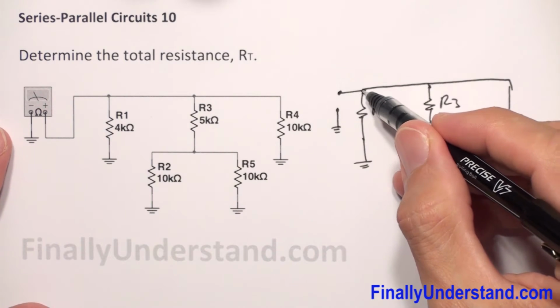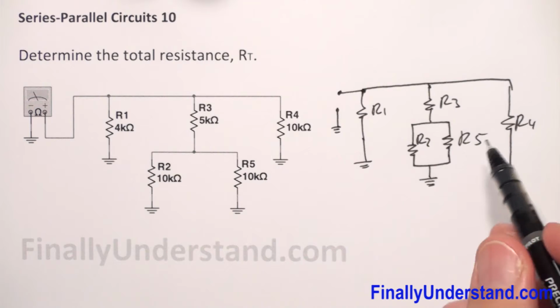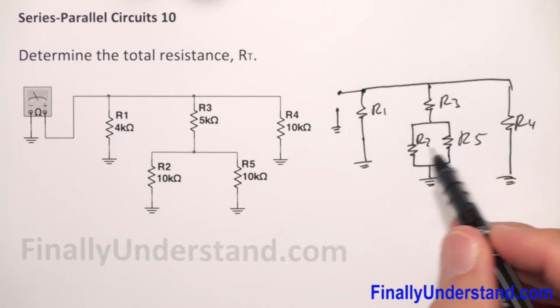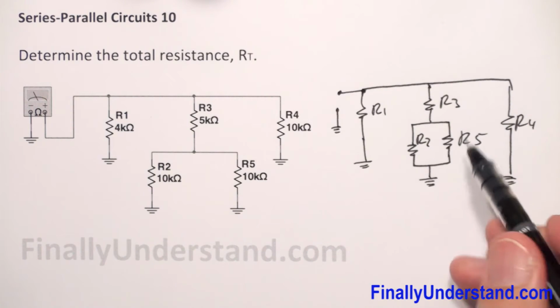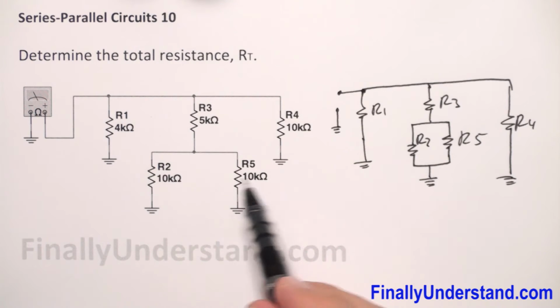Now, where are we supposed to start solving this problem? I would always start from the resistors which are in parallel. So I have R2 and R5 that are in parallel.